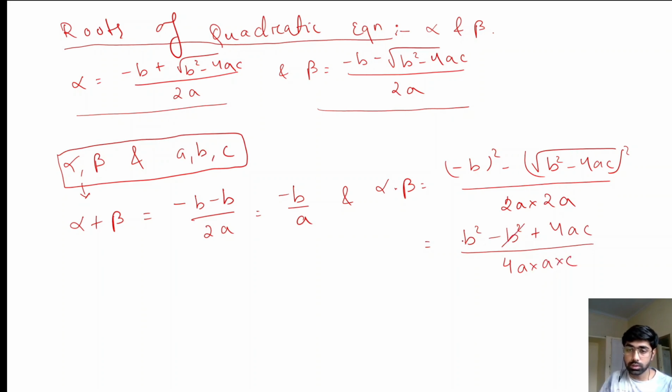So this b square minus b square will cancel, 4a will cancel, and we get that the product of roots will be equal to c upon a, and the sum of roots will be equal to minus b upon a.